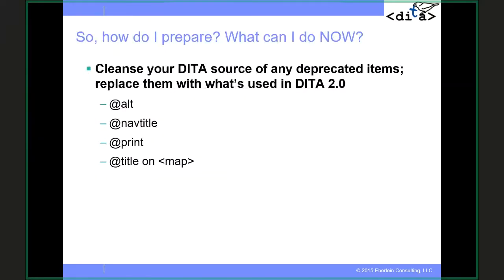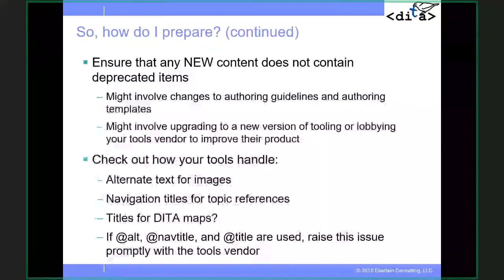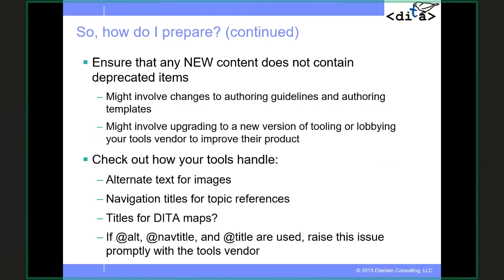We know most folks deliver to much more complicated delivery targets than just web or print, and we needed more functionality. So again, with how you prepare, you really want to ensure, in addition to cleansing your old content of these attributes, that new content you're creating doesn't include any of these deprecated items.